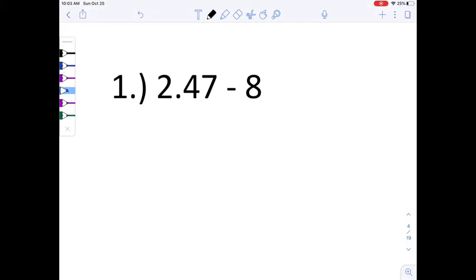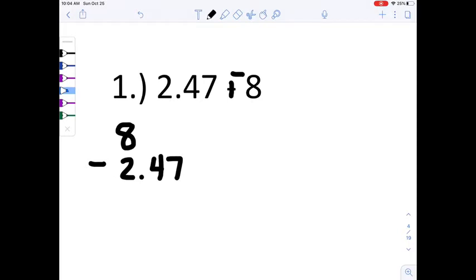So for number 1, we have 2 and 47 hundredths minus 8. Well, 2 and 47 hundredths is less than 8, so I know I have to change this subtraction to add up. So instead of minus 8, I'm going to do plus negative 8. Remember, always 2 marks. So now they have different signs, so I can use that rule of subtract.